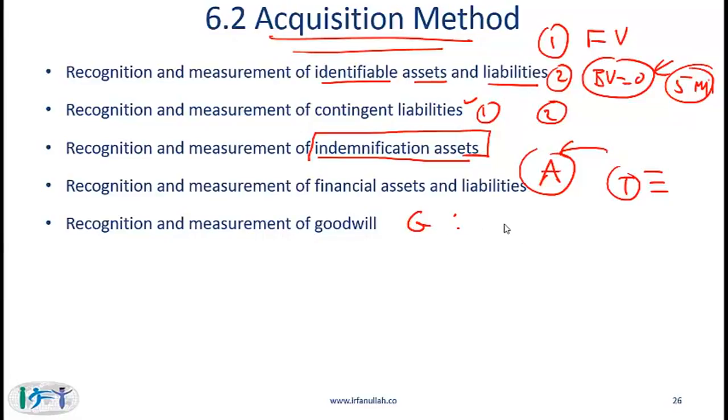One is called the partial method, which leads to partial goodwill, and the other is called full goodwill. IFRS allows us to use both methods, the partial goodwill method or the full goodwill method, whereas US GAAP requires the use of full goodwill. And when we do the example on the next slide, we will understand the calculation for both methods.